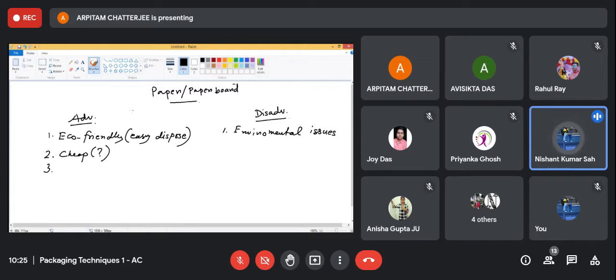Sir, easy to transport. Easy to transport? Actually speaking, paper does not have very good mechanical strength. So for any package meant for transportation, we generally don't use paper or paper boards.